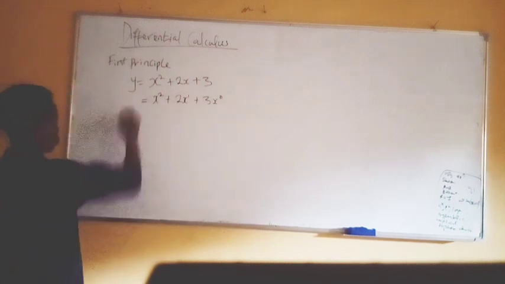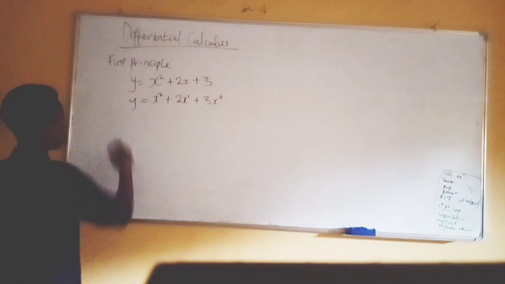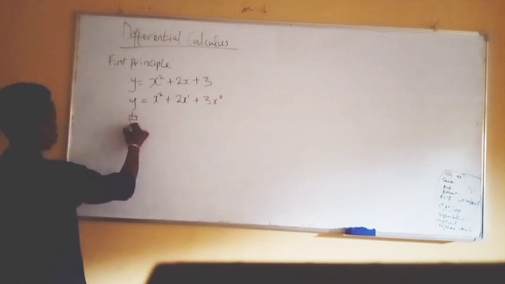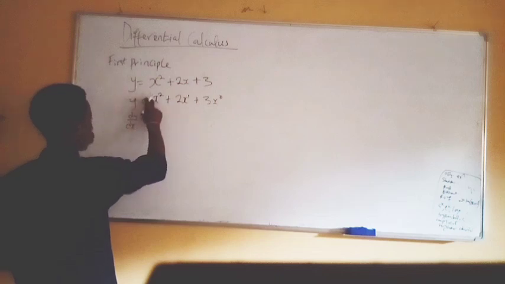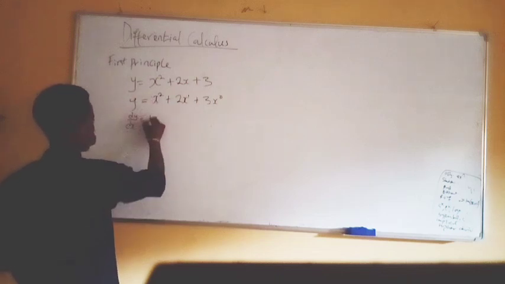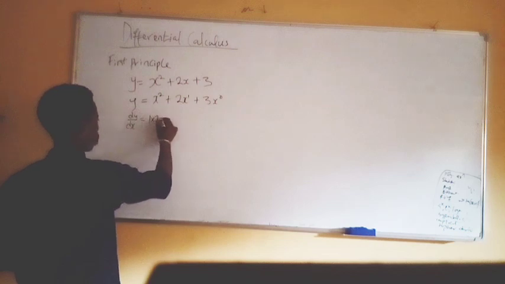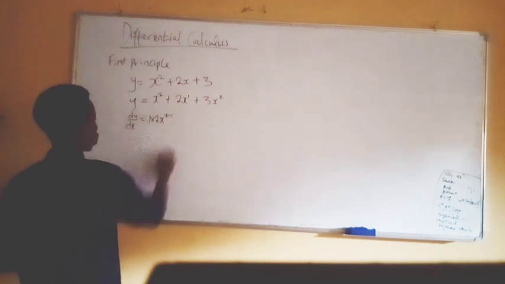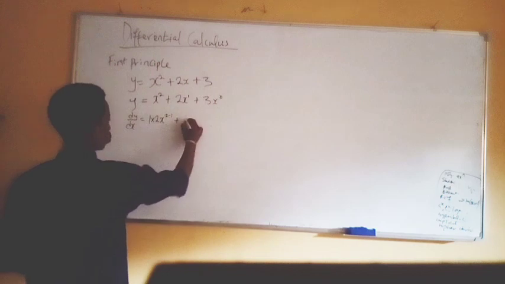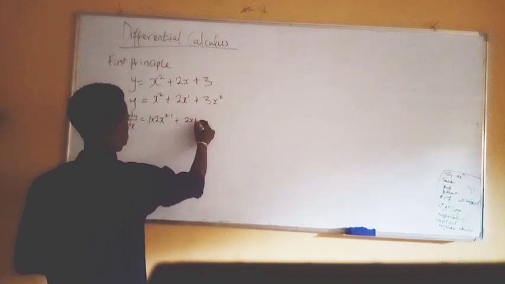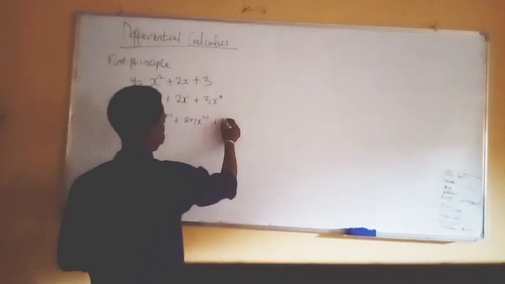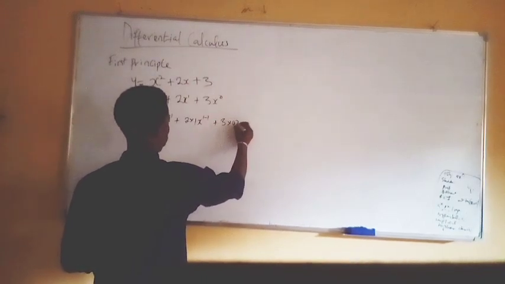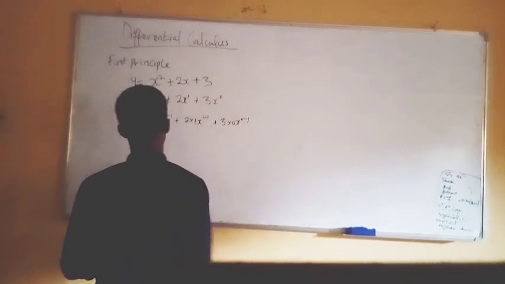So, let us differentiate. dy/dx becomes the coefficient here, which is 1, times 2 x to the power of 2 minus 1, plus 2 times 1 x to the power of 1 minus 1, plus 3 times 0 x to the power of 0 minus 1.